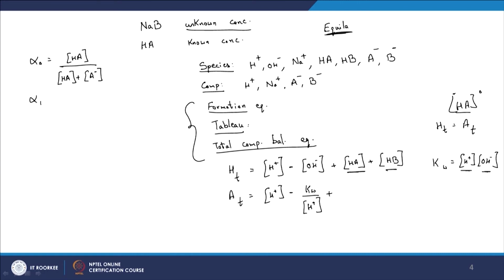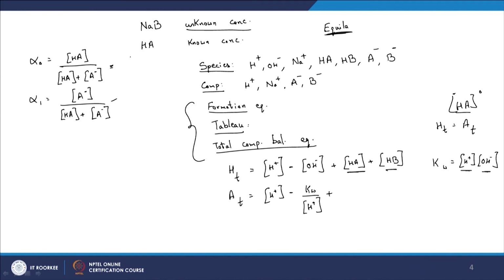And what is alpha 1? The second ionization fraction is going to be equal to the deprotonated form by the concentration of HA plus A minus, right. So again, alpha naught will give you an idea about the fraction of the acid in its protonated form, and alpha 1 will give you an idea about the fraction of the acid present in its deprotonated form, right.